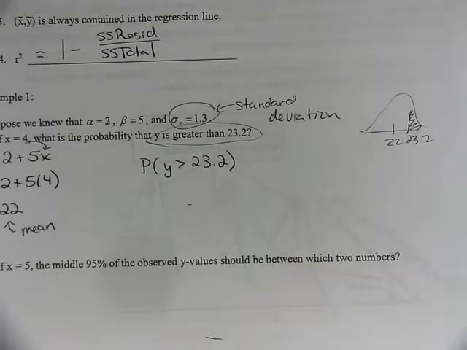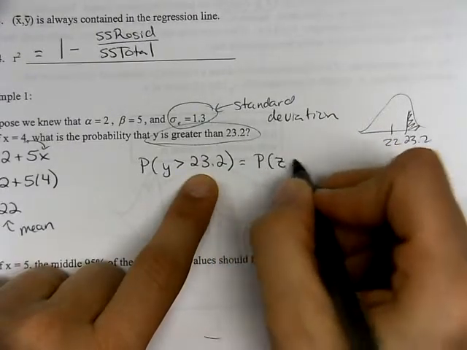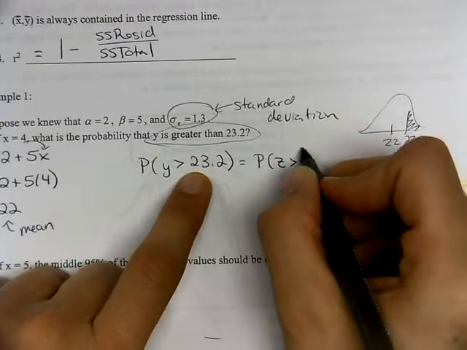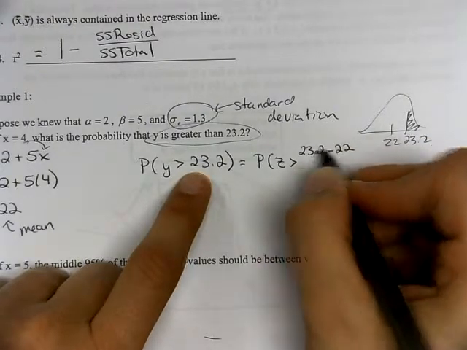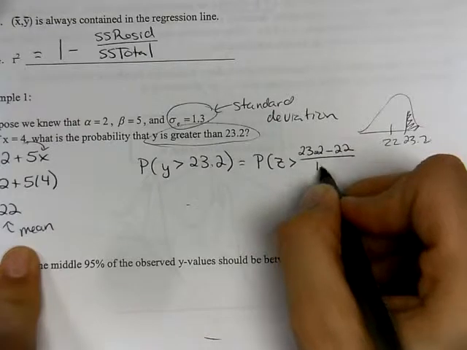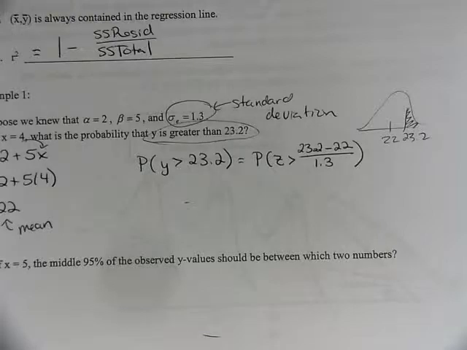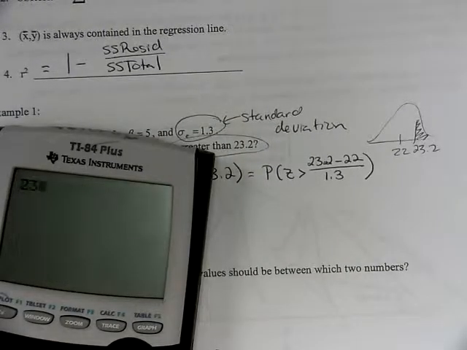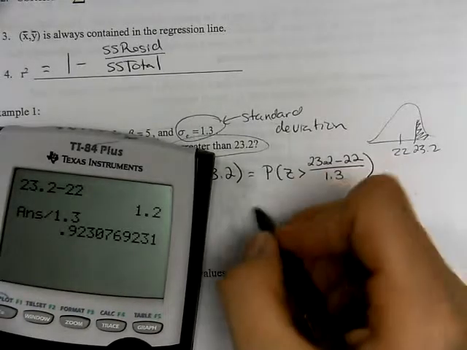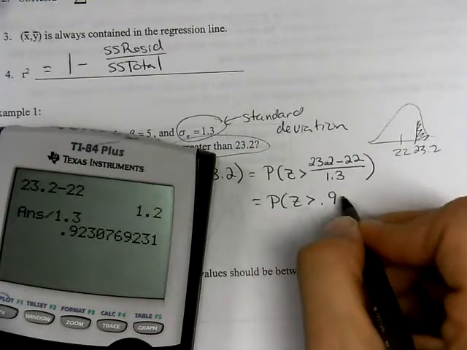You guys remember z-scores? So I'm going to find the probability z is greater than 23.2 minus 22, because that's our mean, divided by 1.3. So I want to find a z greater than 0.92.